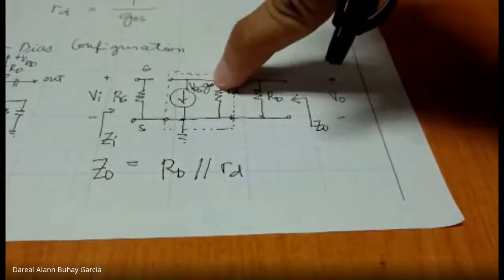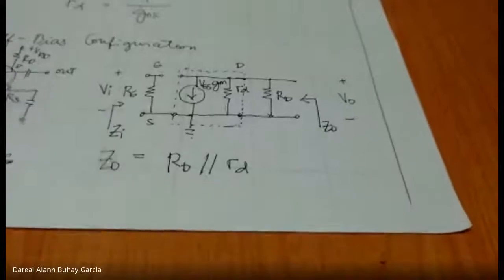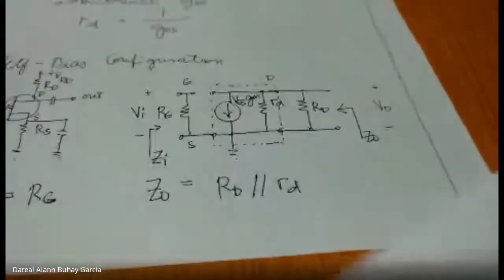So the current is negative VGS GM, times the parallel of RD and rd, or ZO, the output impedance. So voltage gain is equal to output over input, VO over VI.